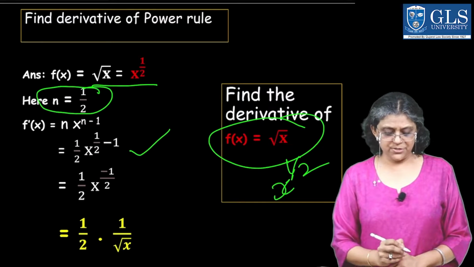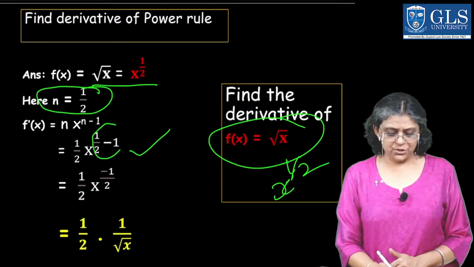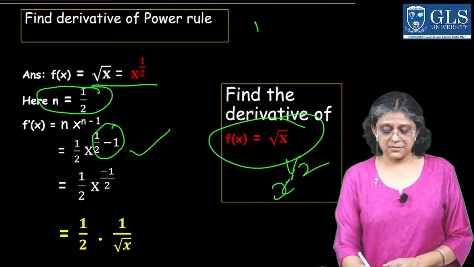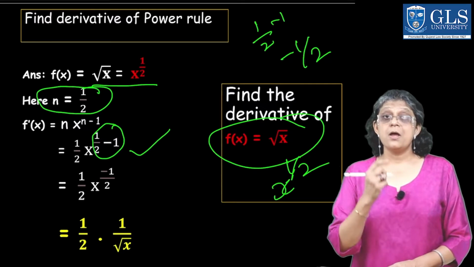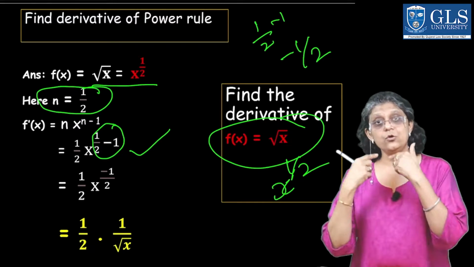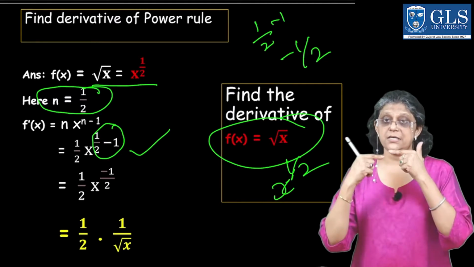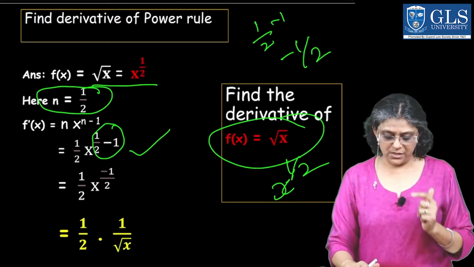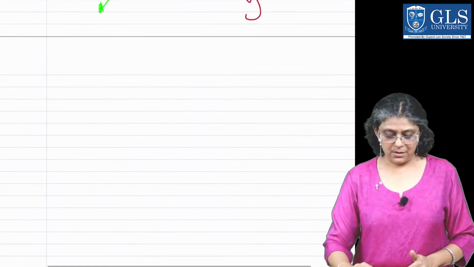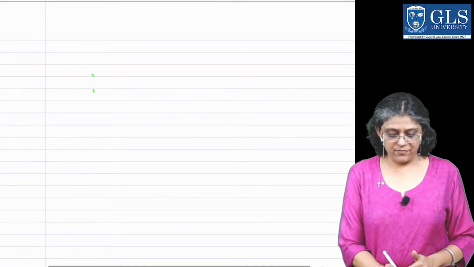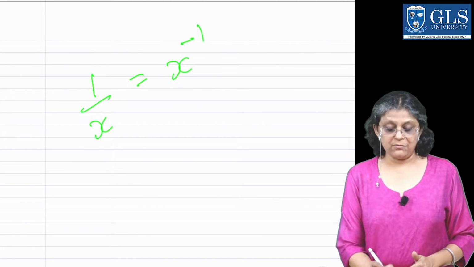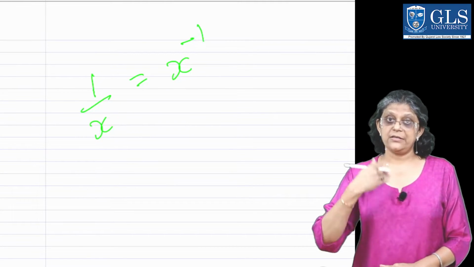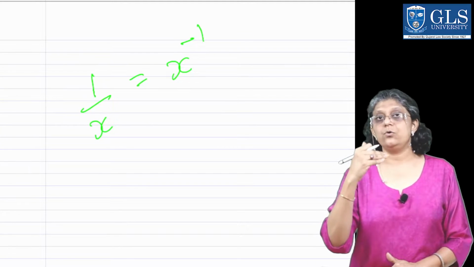So if I substitute it, but please pay attention that it is 1 upon 2 minus 1, so I get minus half. Minus half is in the numerator. If I take it into the denominator, now what is this numerator and denominator? I'll explain. If I have 1 upon x, I can write x to the power minus 1. If I take it in the numerator, it will turn to minus.